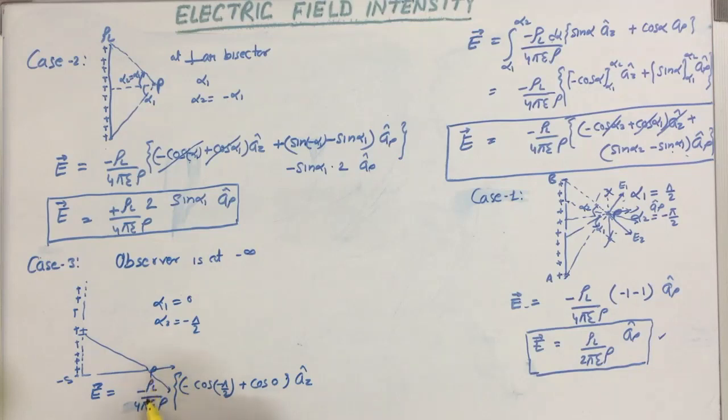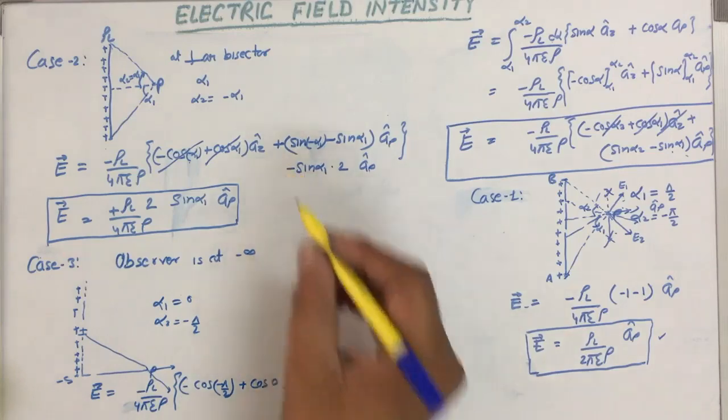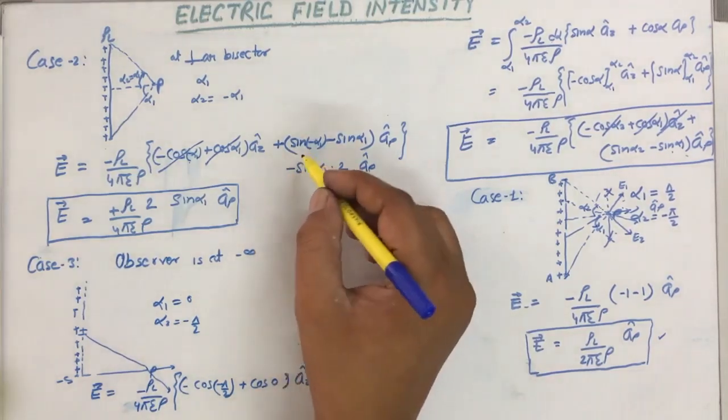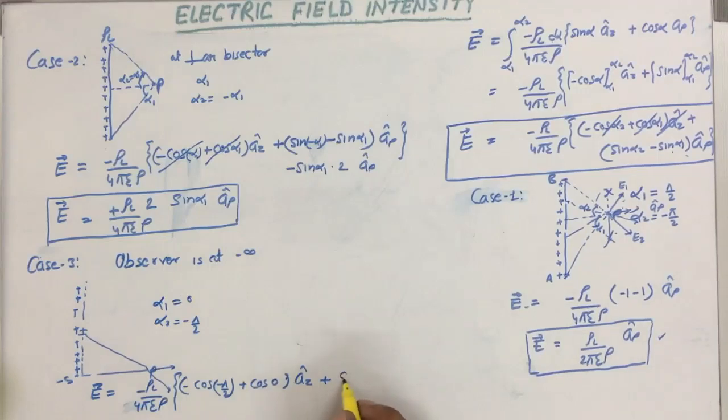To compensate this vertical component, a charge should be here, but there is no charge. So in this way, the AZ component is not possible to eliminate in this case. So possibly the Z component should be here. Let us try to find. Plus sin alpha 2, sin of minus pi by 2, minus sin alpha 1, in the direction of A rho.